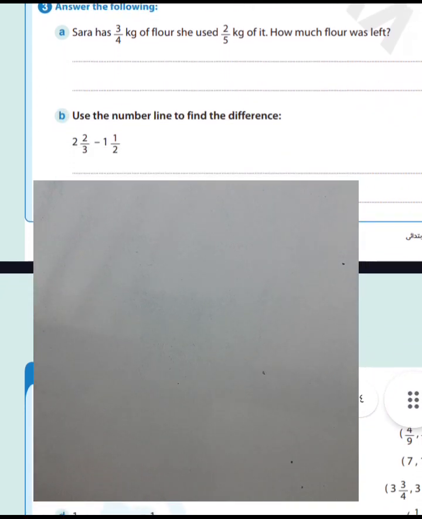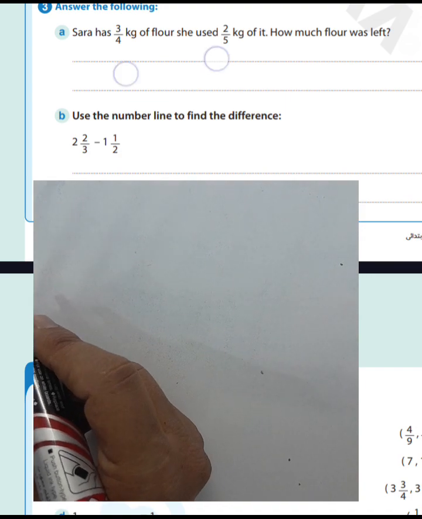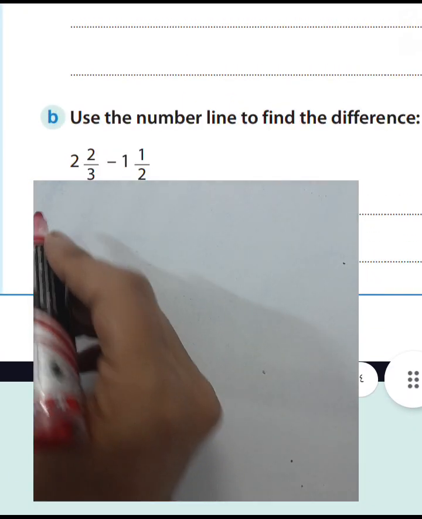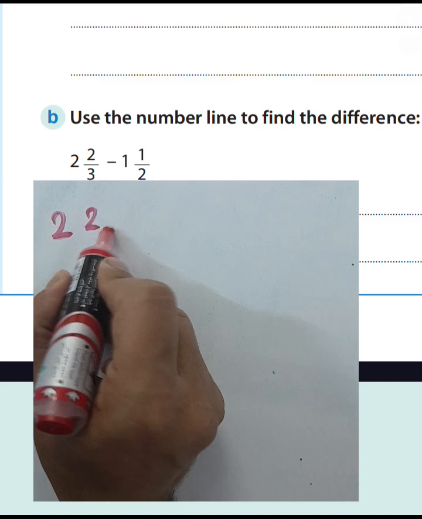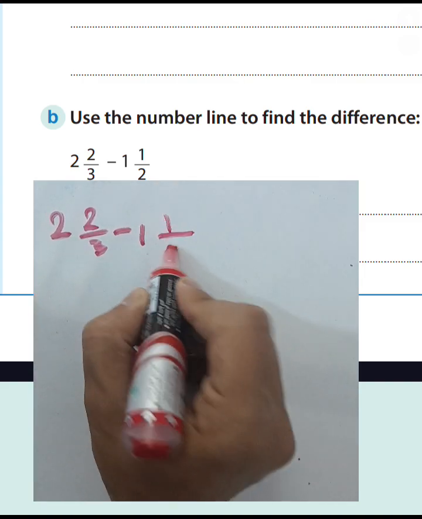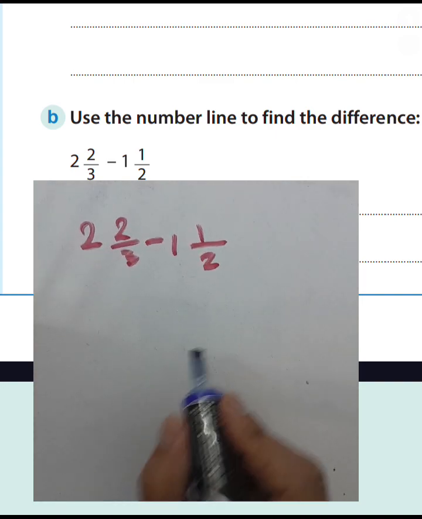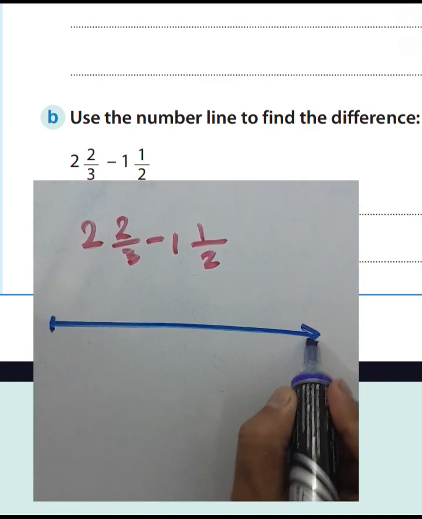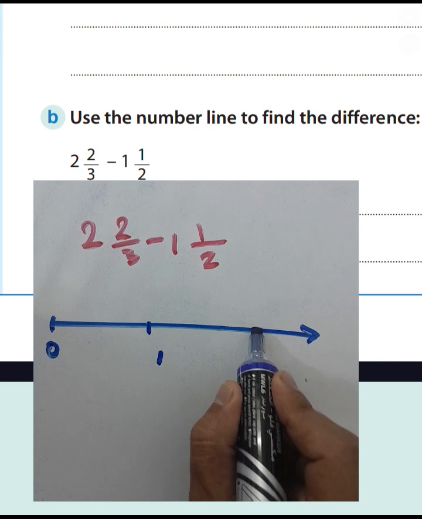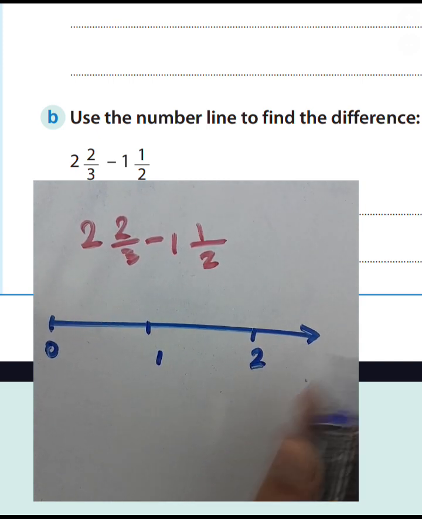Next question, use the number line to find the difference between two numbers. We have 2 and 2/3 subtracted by 1/2. First step, we must draw a number line beginning with 0, then 1 and 2 and going to 3.